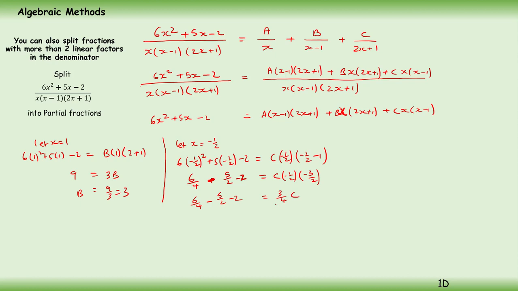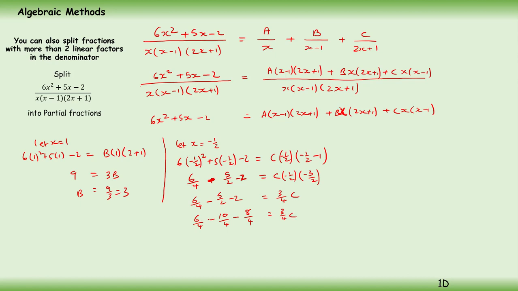So if we put everything over 4, that should help. That's going to be 6 over 4 minus times by 2, so 10 over 4 minus, let's put it over 4, I'm going to have 8 over 4, so give me 2 is equal to 3/4 of c.